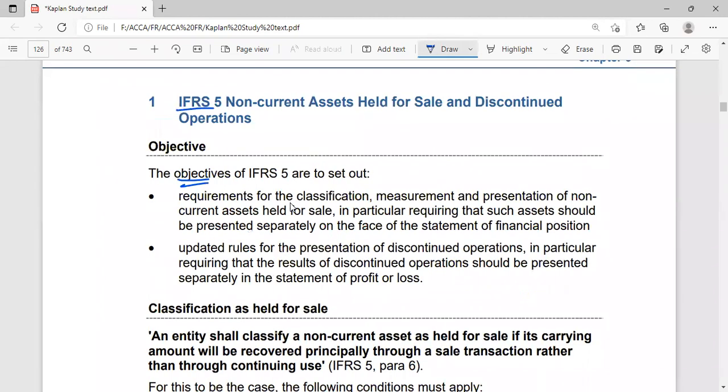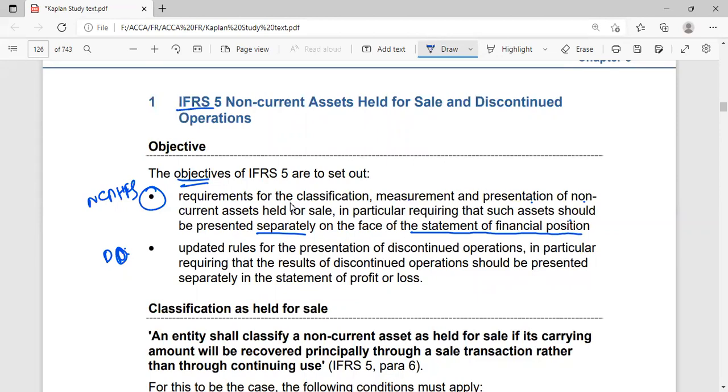The objective of IFRS 5 is nothing but the first one is relating to the non-current asset held for sale, and the second one is relating to discontinued operation. So non-current asset held for sale is a requirement for classification, measurement, presentation, in particular requiring that the asset should be presented separately on the face of the statement of financial position.